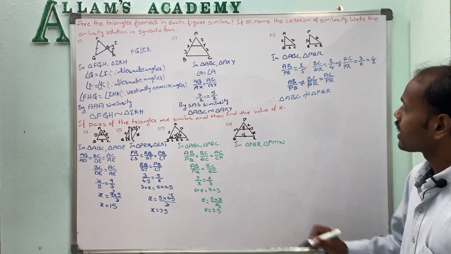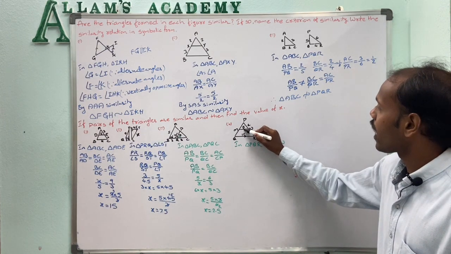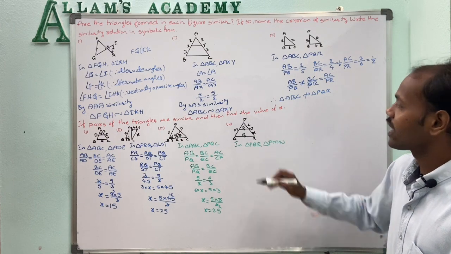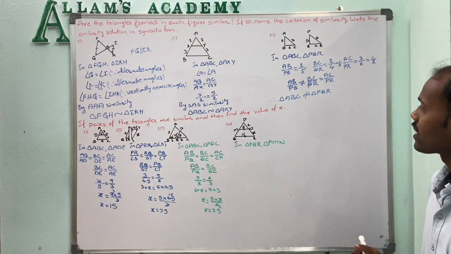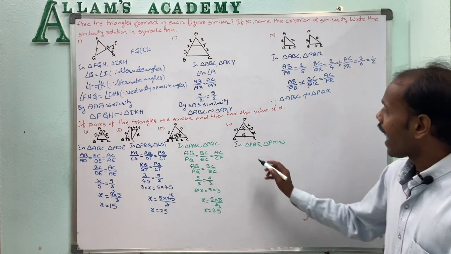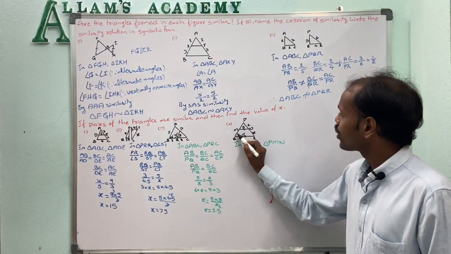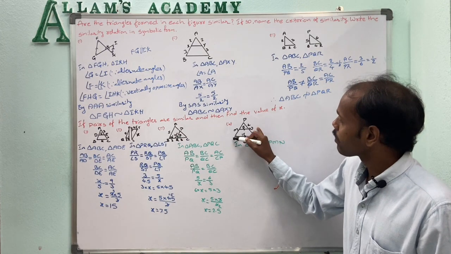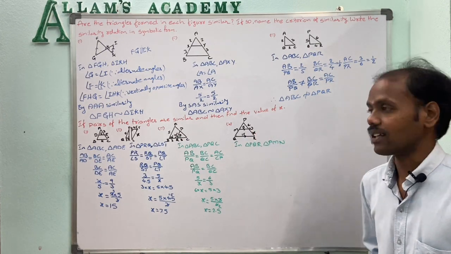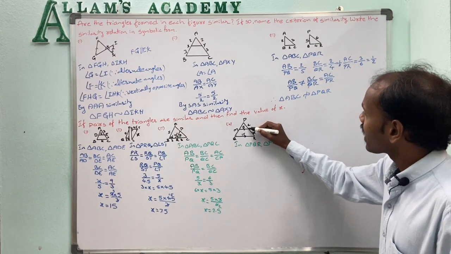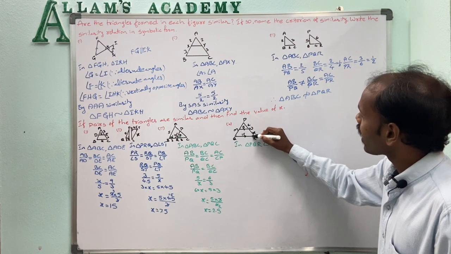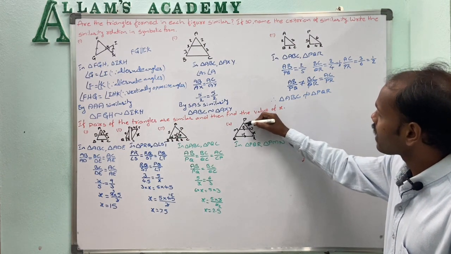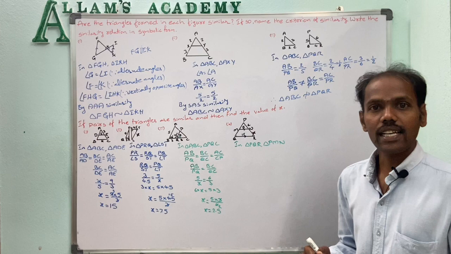Here MN is parallel to QR, given. That symbol is parallel, that means angle M and angle Q are corresponding angles. Why? Because PQ is a transversal. Similarly, angle N and angle R are corresponding angles because PR is a transversal.